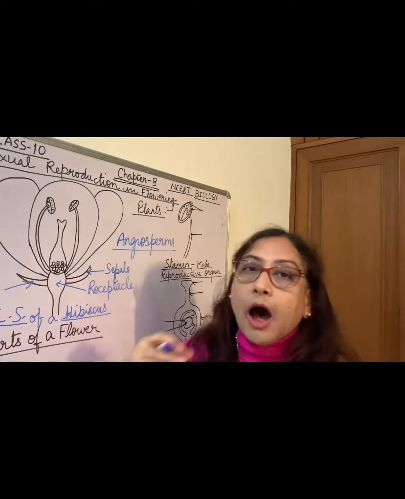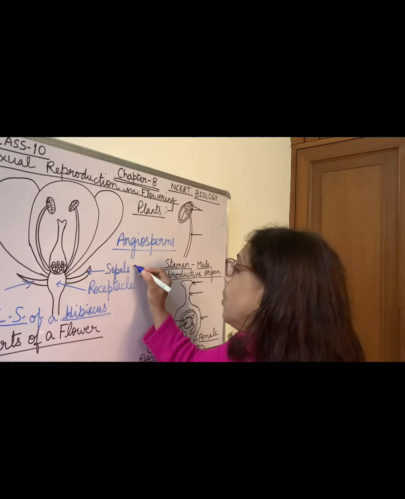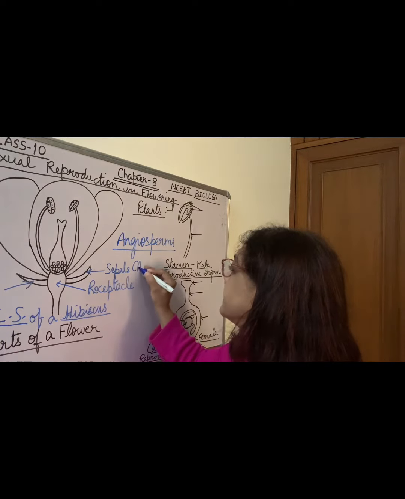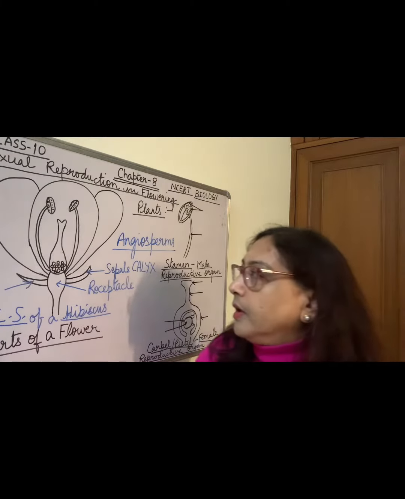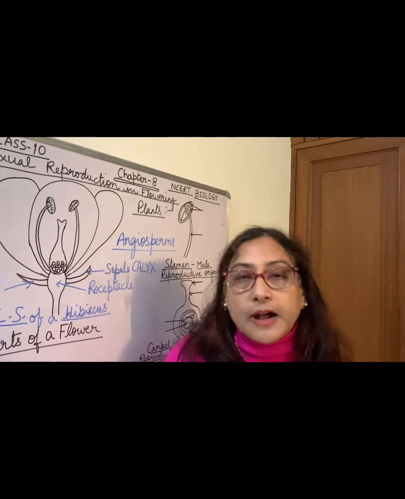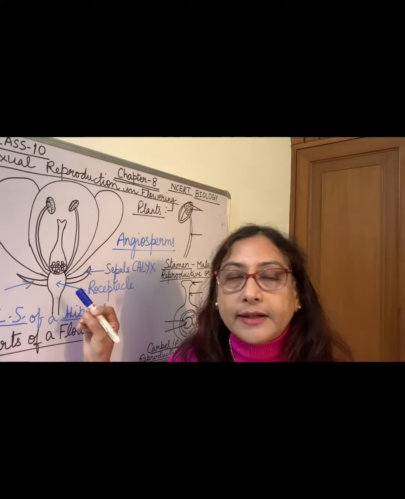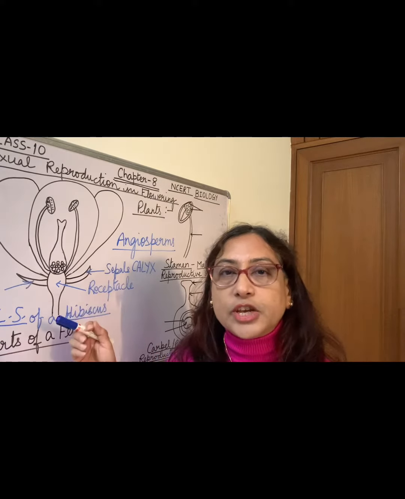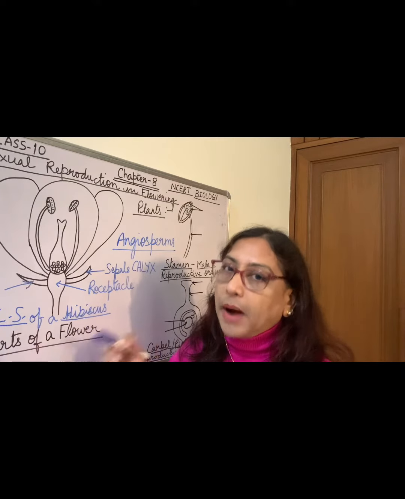So that outermost ring of the flower, of the sepals, is known as calyx. The function of these sepals is to protect the flower in the initial stages, that is when the flower is still a bud.